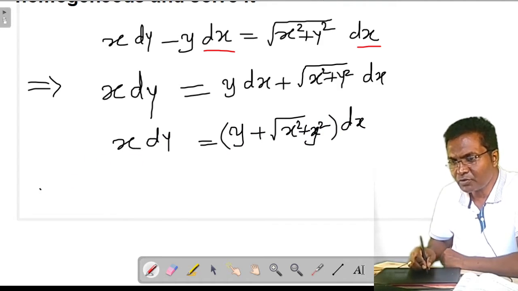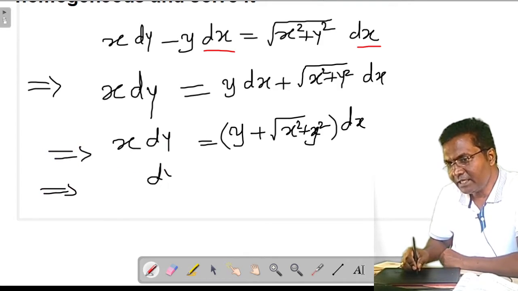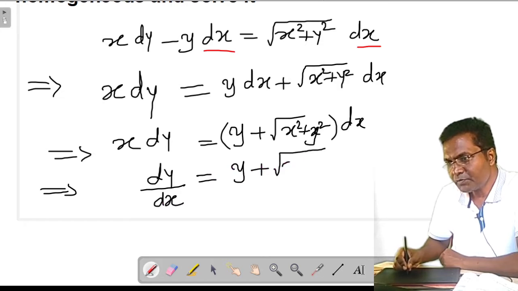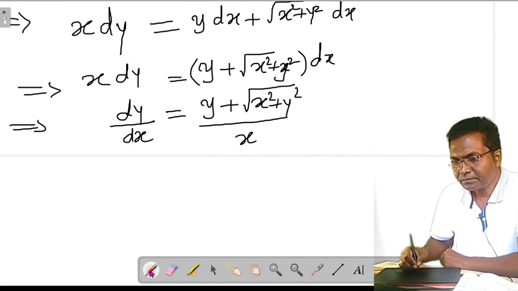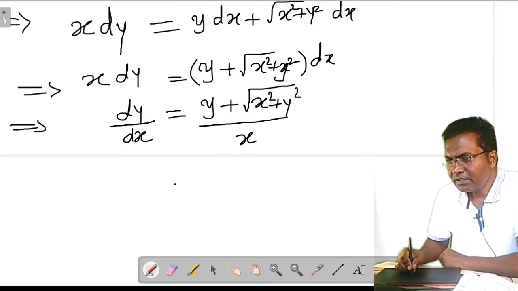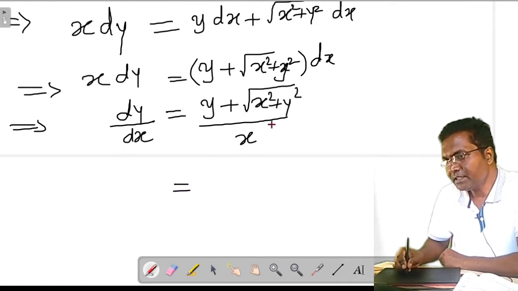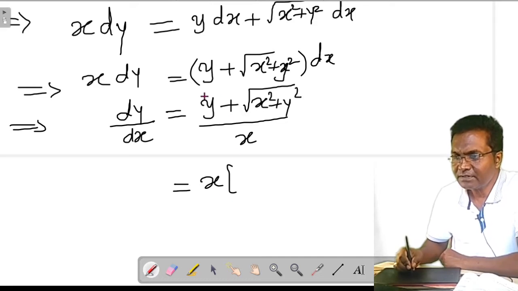The question is, you are asked to show it is homogeneous. So I can write dy by dx is equal to y plus square root of x squared plus y squared divided by x. I brought this dx to the left. Now look, if I take x common in the numerator, look what happens.